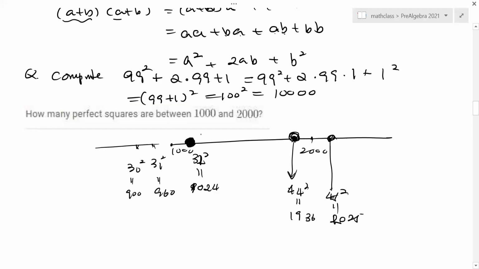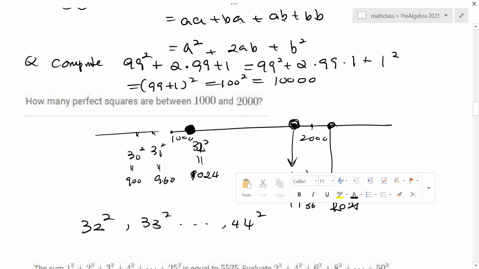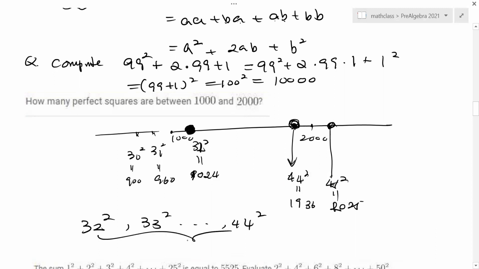Now you have the largest and the smallest perfect square between 1,000 and 2,000. You begin with 32 squared, then 33 squared, all the way to 44 squared. And how many of them? From 32 to 44, the total is 13. There are 13 perfect squares.